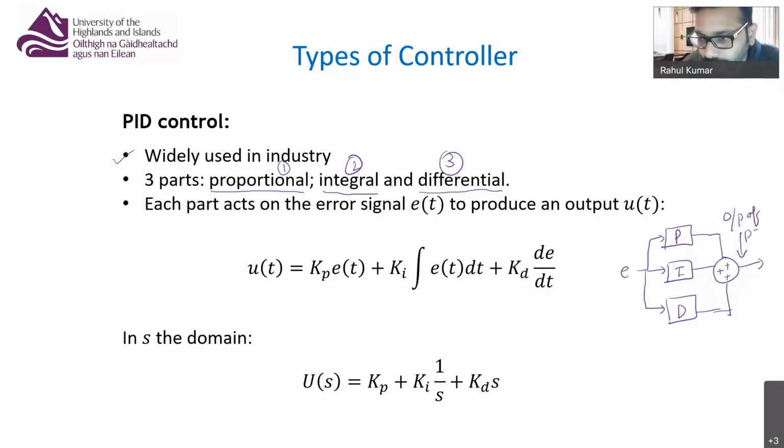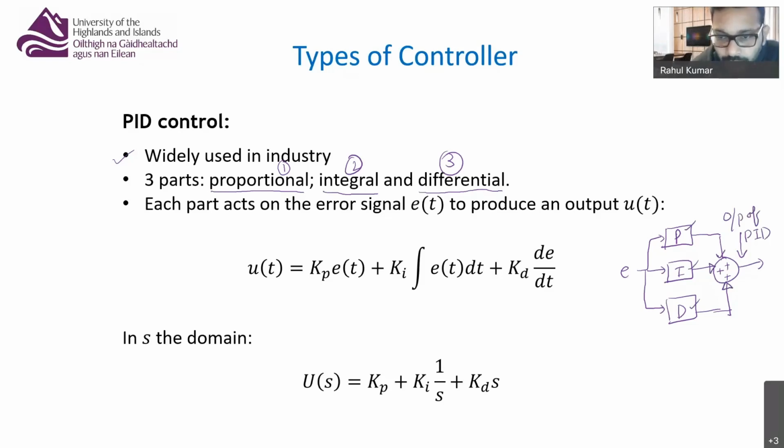So basically, the output of the PID is the sum of the outputs from the proportional, integral and differential controllers. Okay, they all get added together.